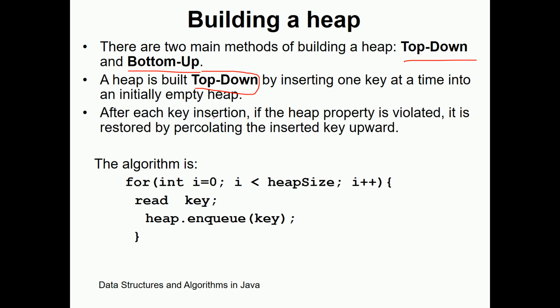And then after that insertion, if the heap property is violated, which means this relationship of smaller or bigger is violated, we just do some kind of swapping or this percolating.